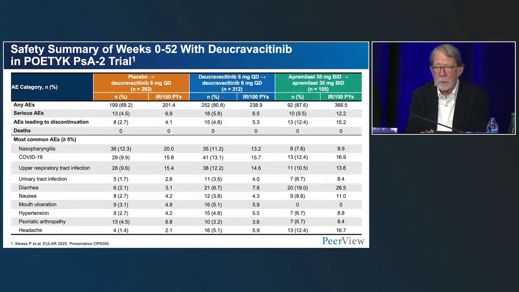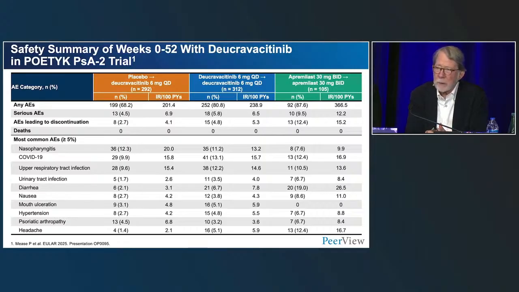Safety from the PsA-2 trial is noted here. There's really nothing that stood out. This was conducted in a time of COVID, so there were COVID infections. And then other common issues like nasopharyngitis, upper respiratory tract infection, and so on.